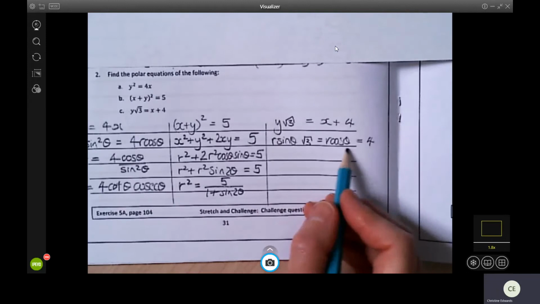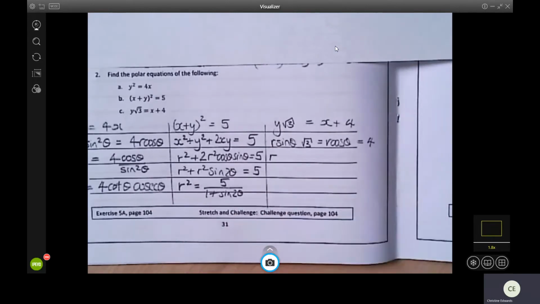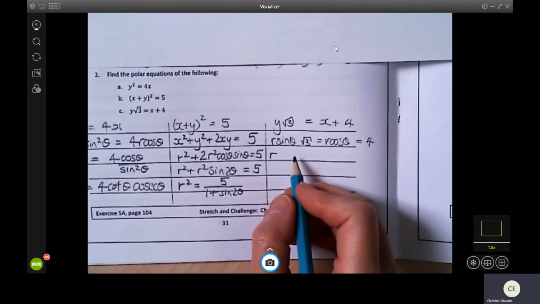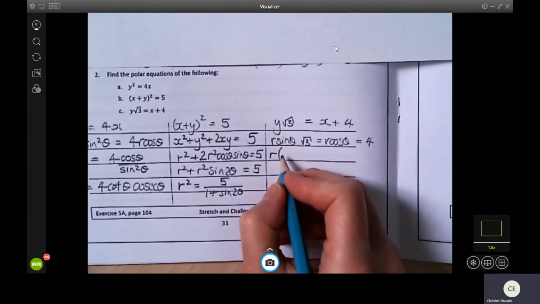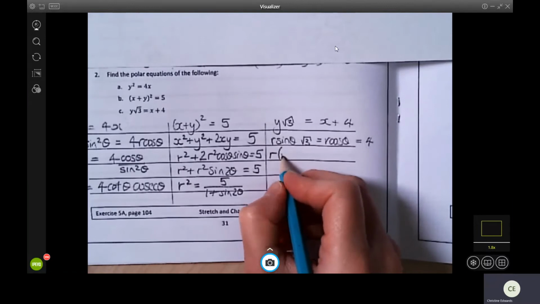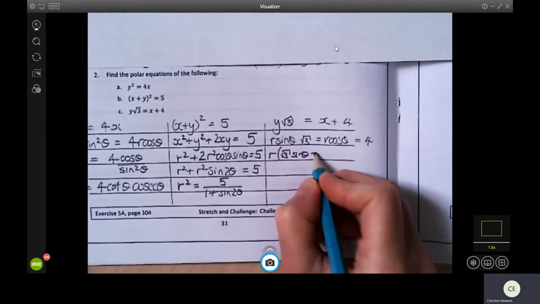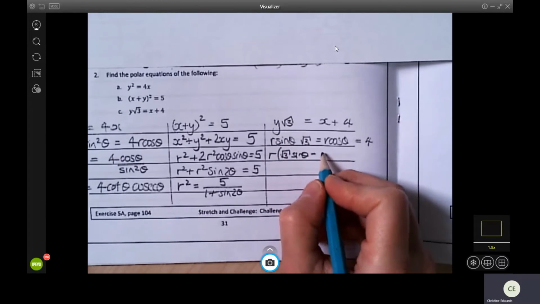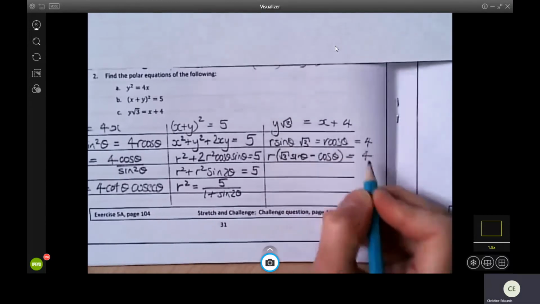Now, what we're going to do is get r on its own, and we're also going to combine the trig terms so that I can simplify. So we have r, root 3 sine theta minus cos theta. I'll make that equal to 4.